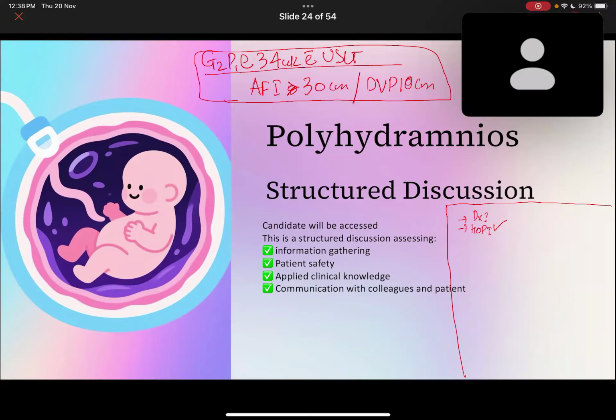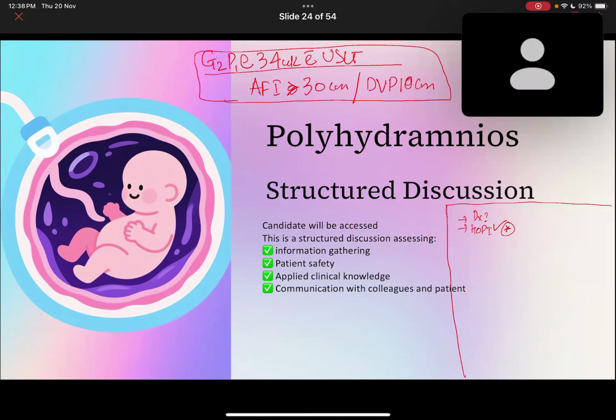Booking scans and dates have been done or not. Blood test has been done. Her blood pressure has been checked regularly. I will review her anomaly scan to rule out any gross abnormality. Further, I will also check her.